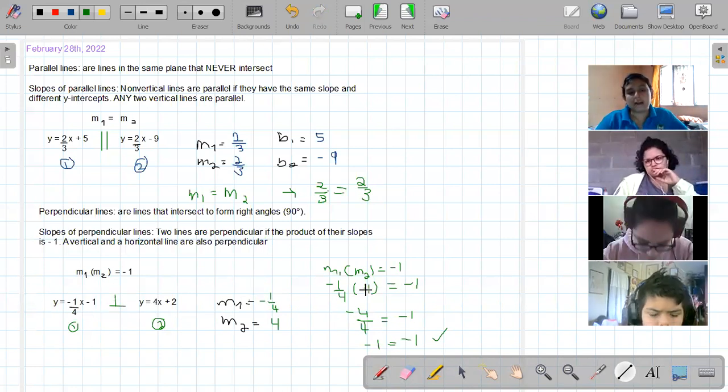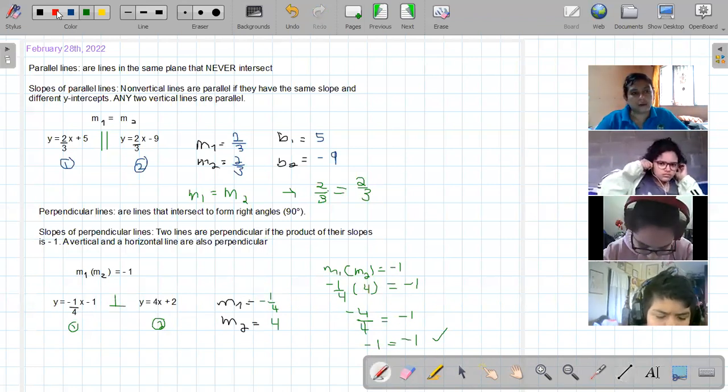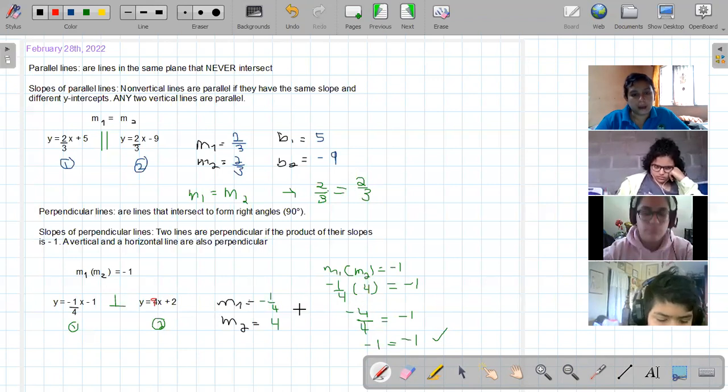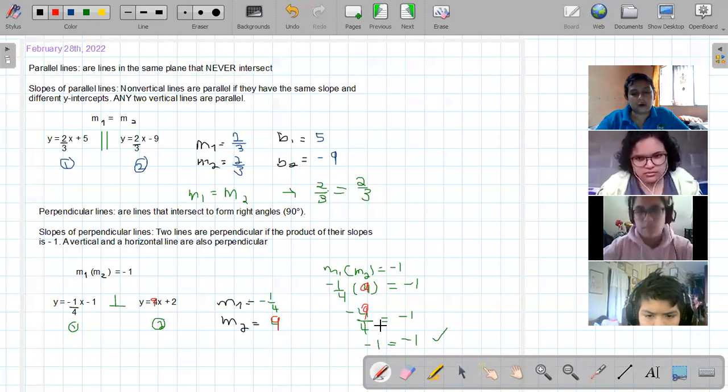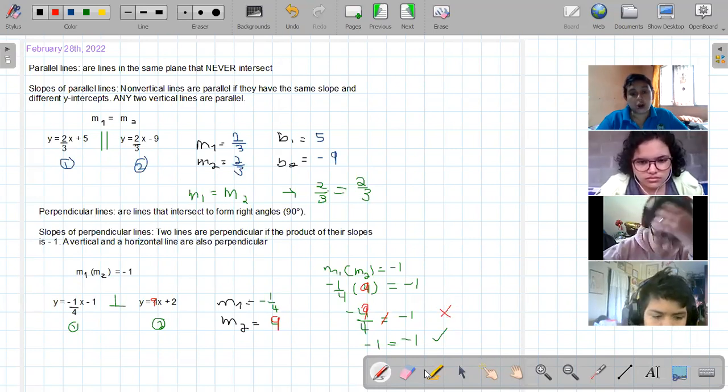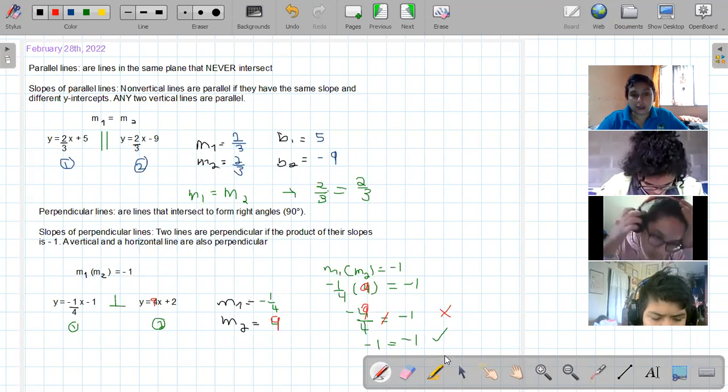If, for example, instead of having a 4 over here, this was a 9, so 9x plus 2, it would have meant this would have been 9, and -9/4 is not equal to -1. They're not equal, right? So these two lines are not parallel and are not perpendicular either.